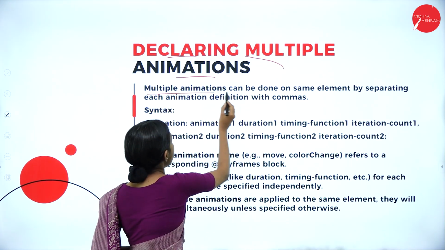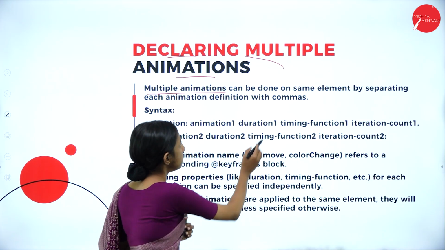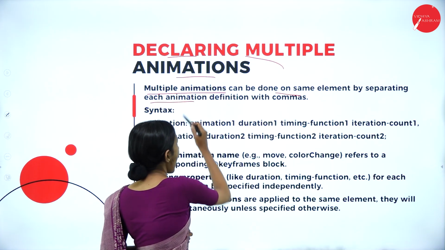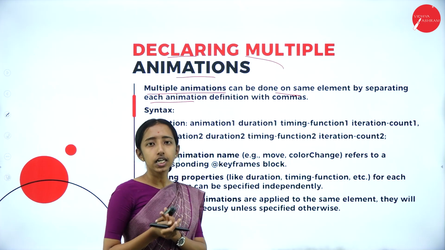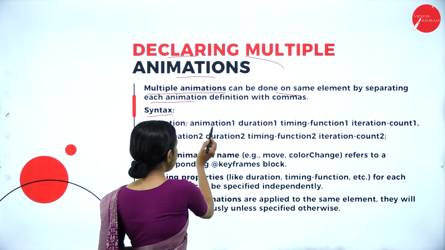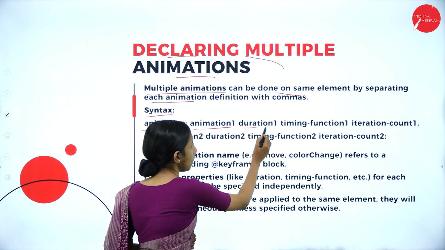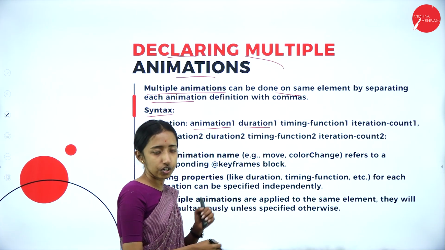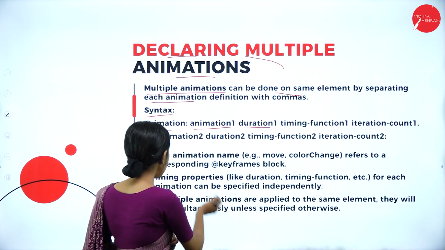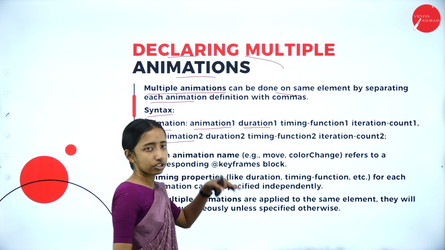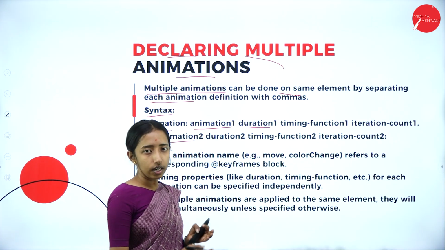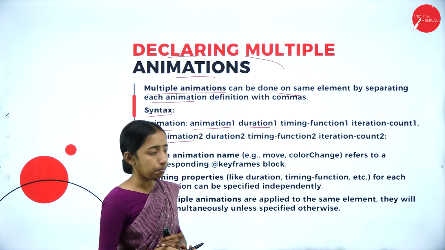Multiple animations can be done on the same element by separating each animation definition with a comma. Here is the syntax: animation 1, duration, timing function, iteration count, and then a comma. And next animation 2, duration 2, timing function 2 and iteration 2. So here we can have multiple animations.